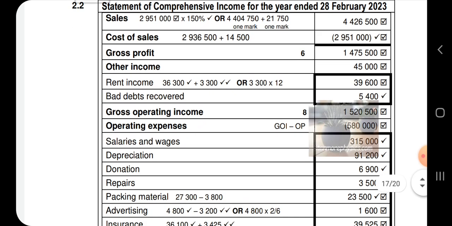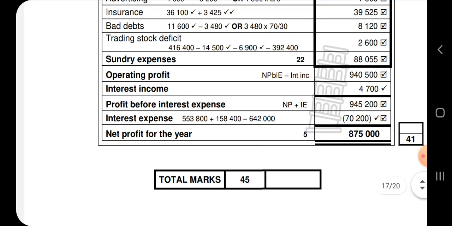And then other income plus gross profit equals gross operating income. So you take gross profit and you add your other incomes. Your other income is rent and bad debts recovered. Then gross operating income minus operating expenses will give you the operating profit.